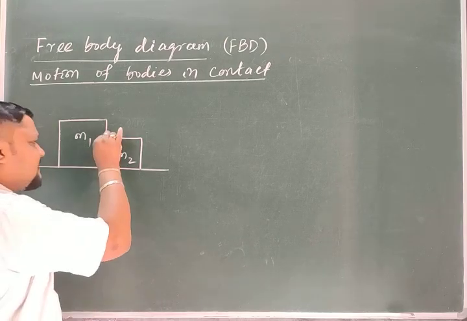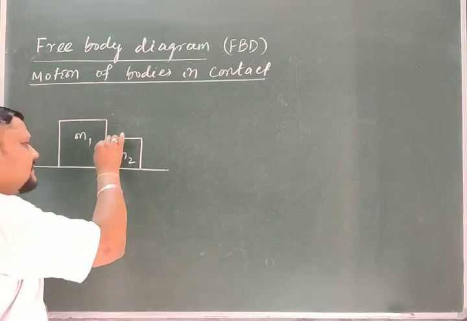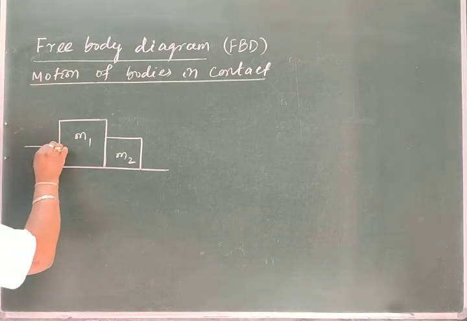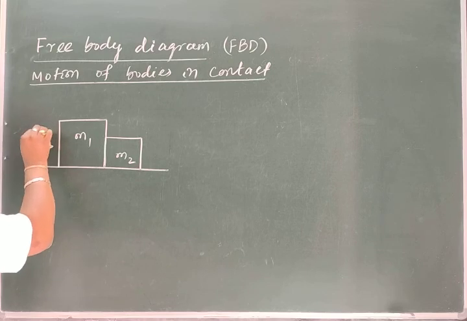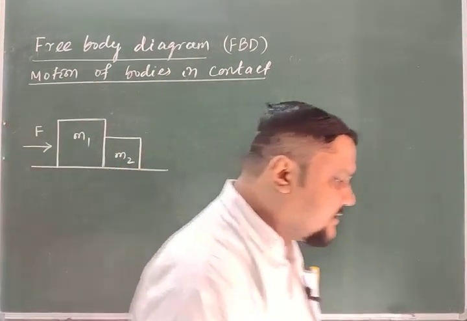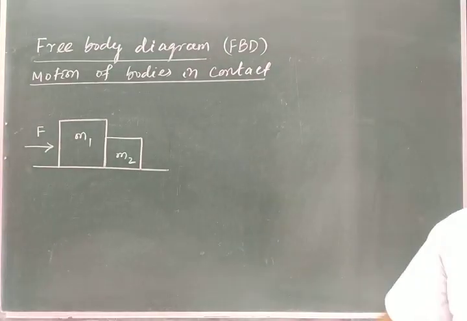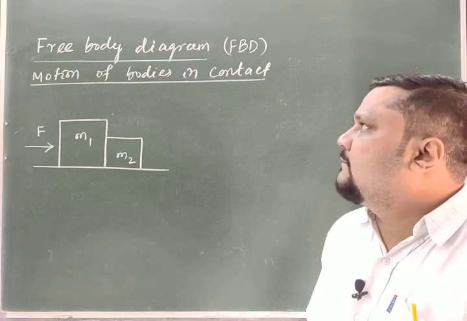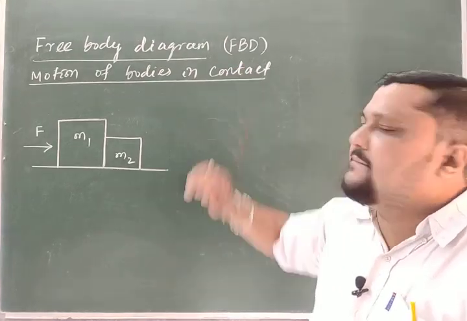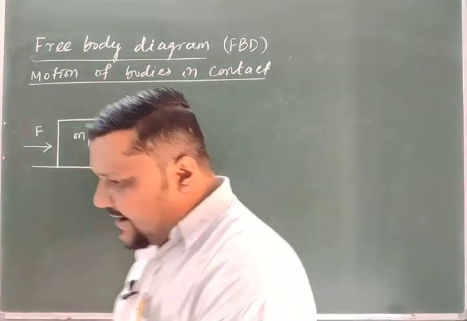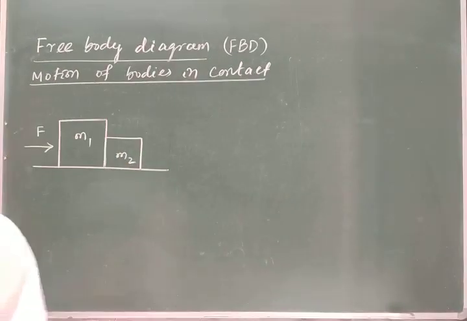This is the point of contact, or the region of contact, between the two bodies. And let a force F be applied on the mass m1. We will discuss this type of numericals by using the concept of FBD. So here the force F is applied on the mass m1.